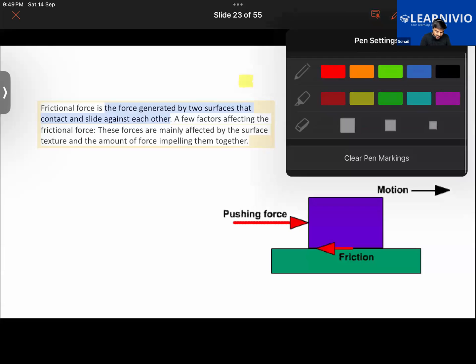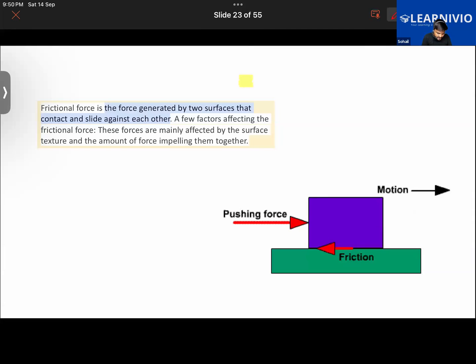Few of the important properties we learned about the frictional force is that it comes into action because when we look at the surface of objects, the surface of objects are not very smooth like this. They don't have a very smooth texture. It is because of the irregularities present between the surfaces of objects.